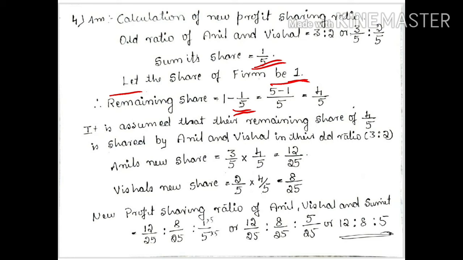That is 1 minus 1 by 5 is equal to, so common denominator for 1 and 5, 5. So 1 into 5, 5 minus 1 divided by 5. So final answer 4 by 5, that is the remaining share. That 4 by 5 is the remaining share distributed between old partners Anil and Vishal.